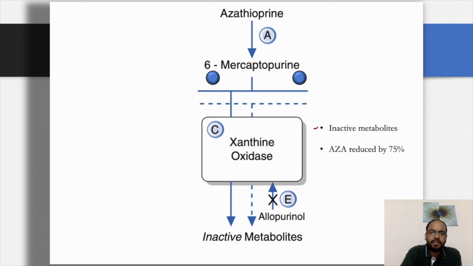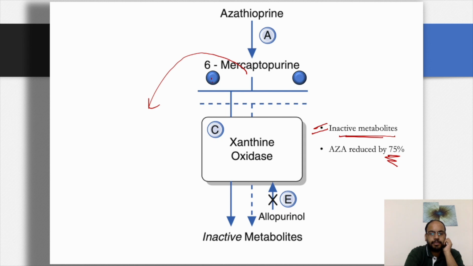Now, xanthine oxidase leads to formation of inactive metabolites, and if a patient is on allopurinol, a good idea is not to use azathioprine. If you really want to use azathioprine, a good idea is to reduce the dose by 75%. Use only minimal dose, because most will be shunted towards the HGPRT pathway.